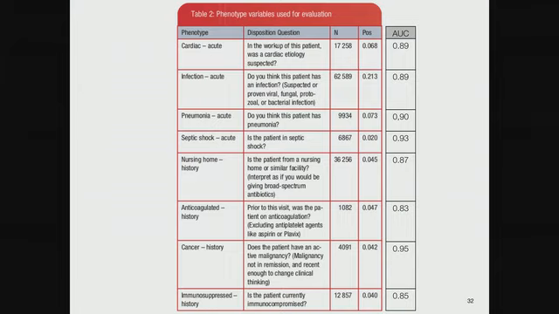So in order to evaluate this, they looked at 8 different phenotypes for which they had human judgment data. And so this tells you that they're getting AUCs of between 0.83 and 0.95 for these different phenotypes.